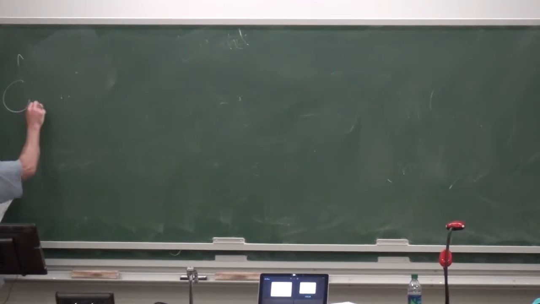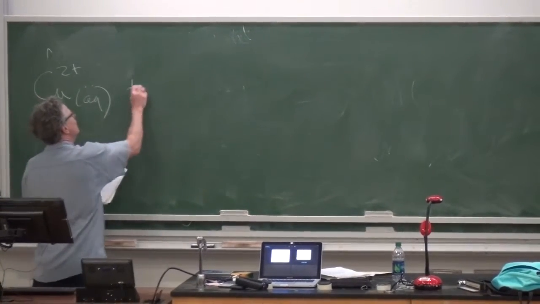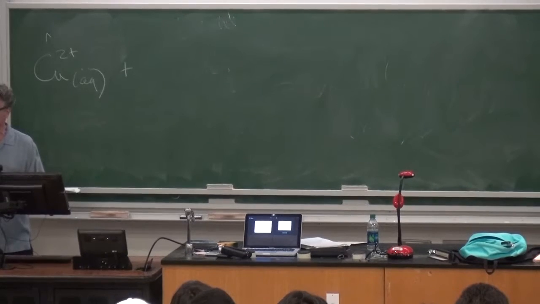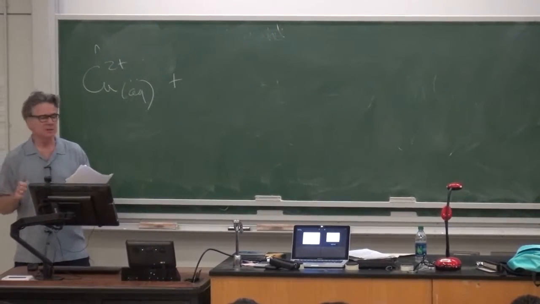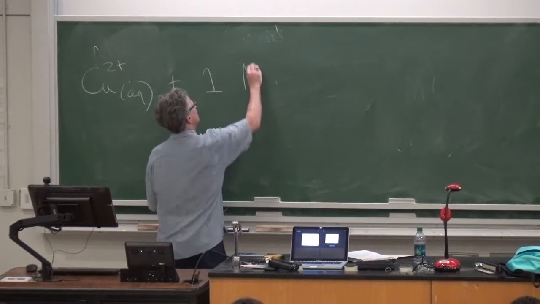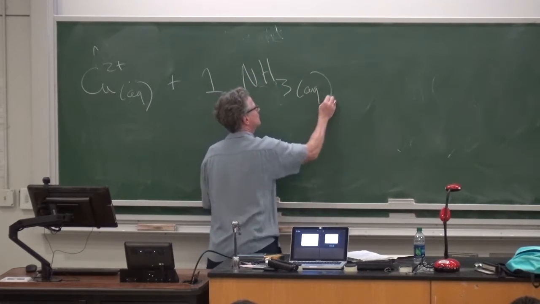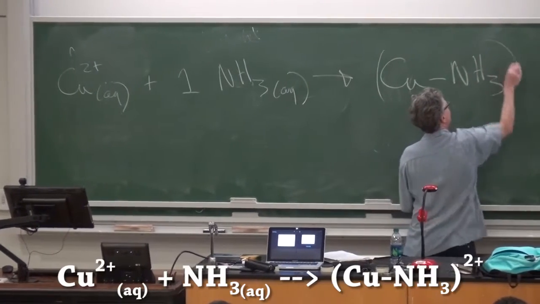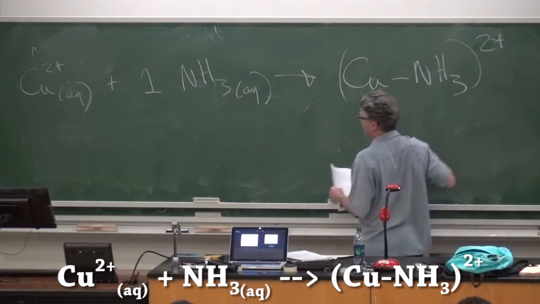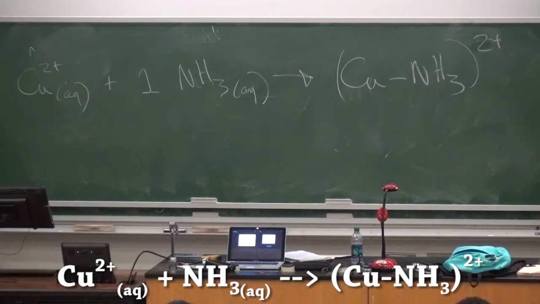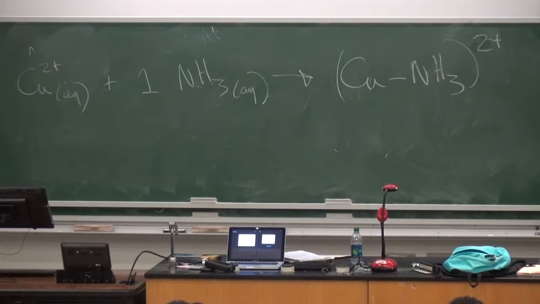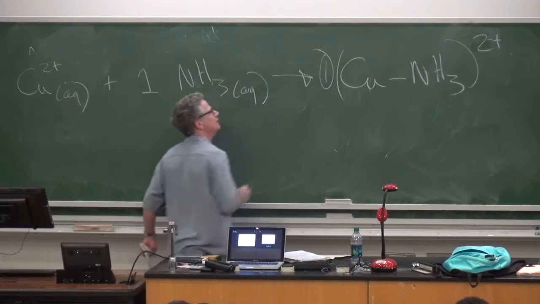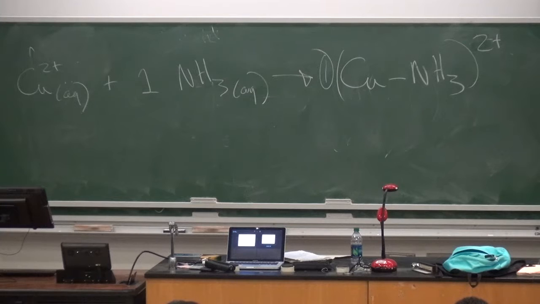So let's take the example of our friend copper. We've got copper in a beaker, and we can think about adding a small amount of ammonia, maybe a substoichiometric amount, so that the only possible complex I can get with this small amount of ammonia is the monoamine complex, the one-amine complex.